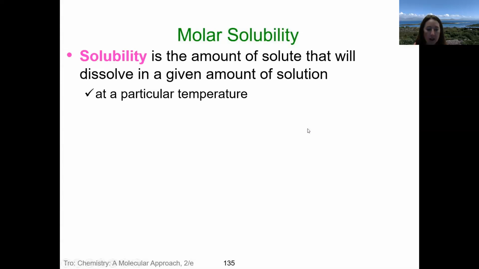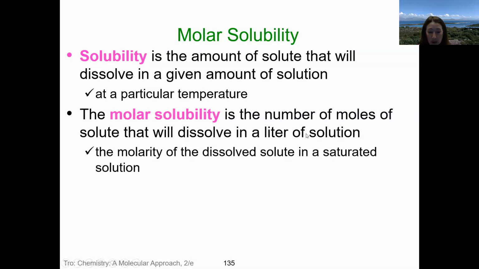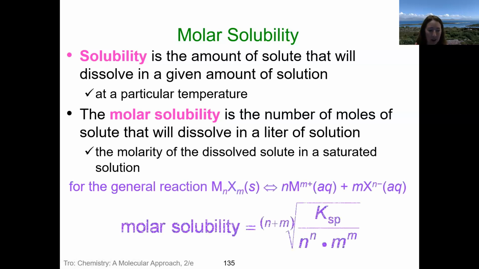Okay. So again, what is solubility? The amount of solute that will dissolve in a given amount of solvent or solution. And so all these things we've said that are insoluble, well, I said they're actually soluble. The molar solubility is just the number of moles of solute that will dissolve in a liter of solution. So there's a difference between molar solubility and Ksp.